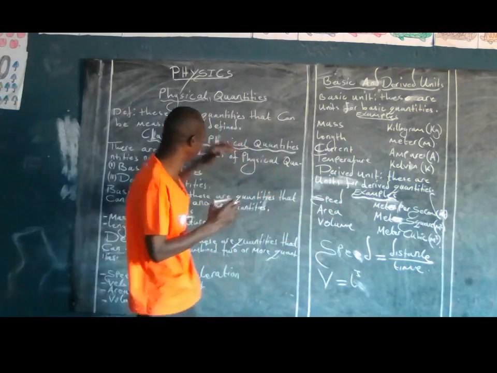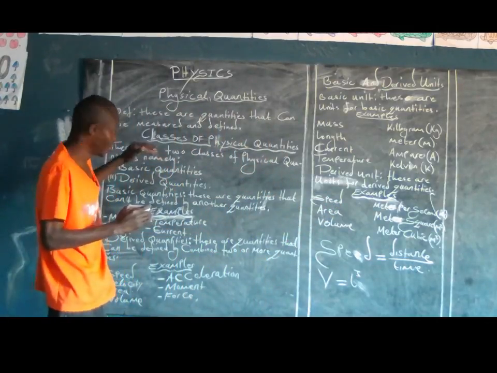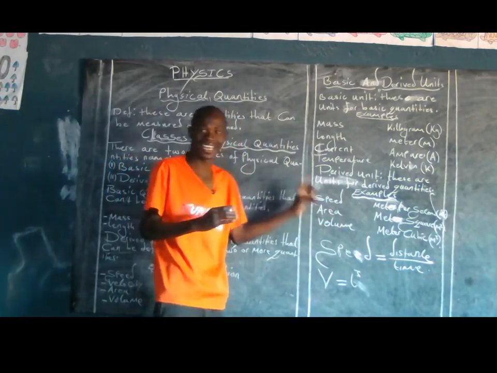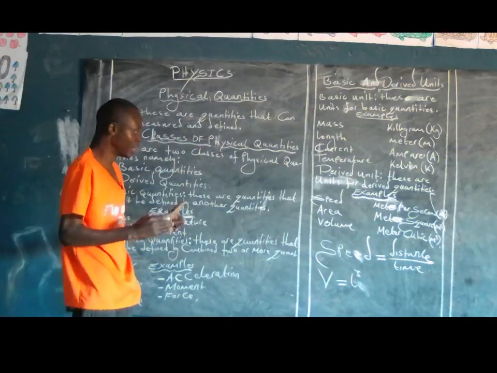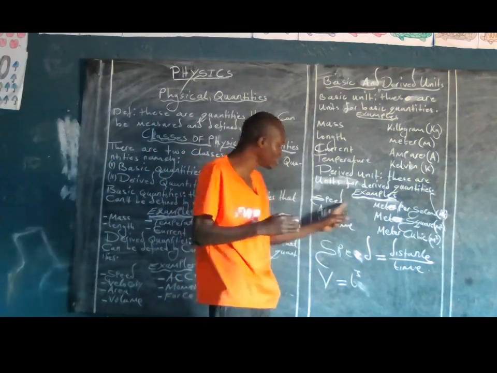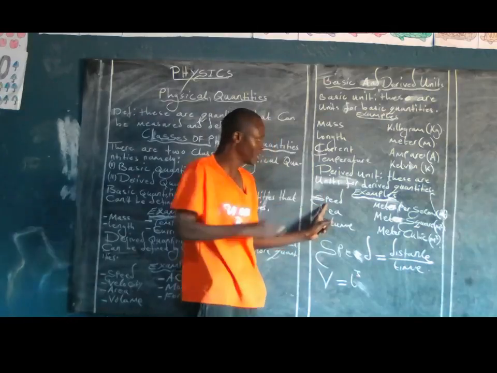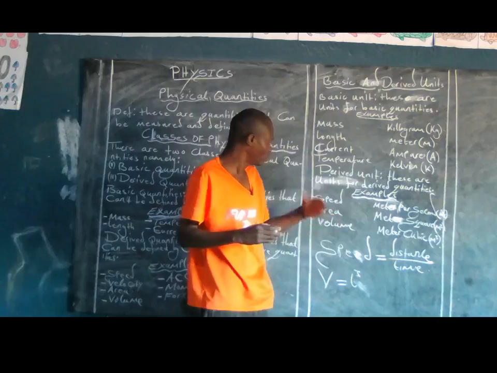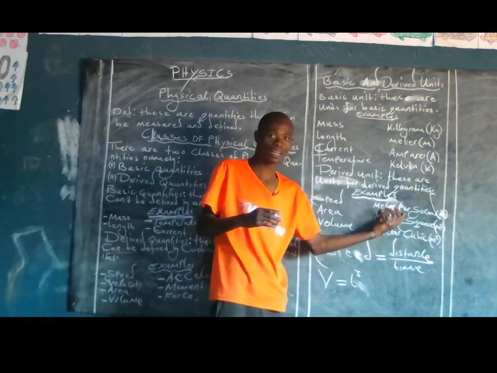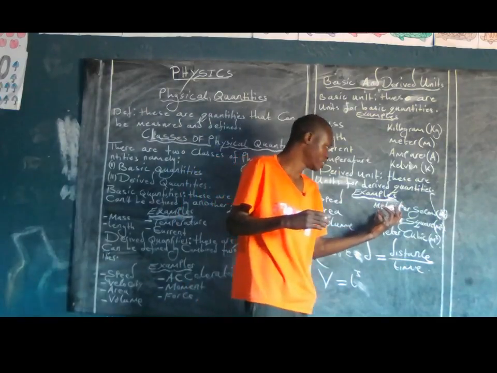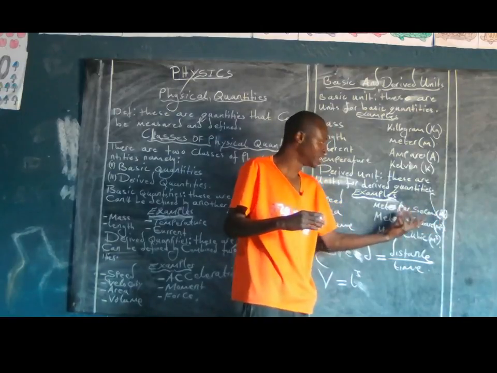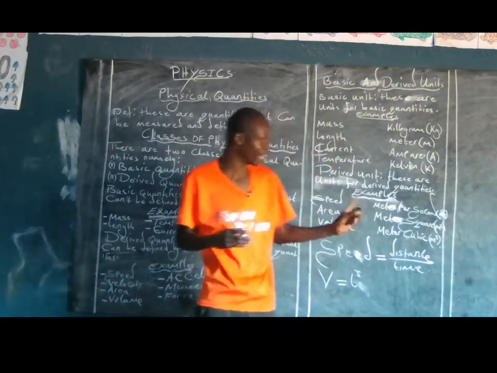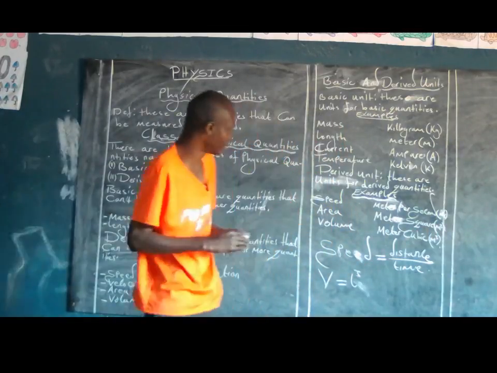We understand from what we have done earlier that speed is a derived quantity. Now the units that are used to measure this derived quantity are what we call derived units. For example, the unit of speed is meter per second. In symbol form, we say m per s.